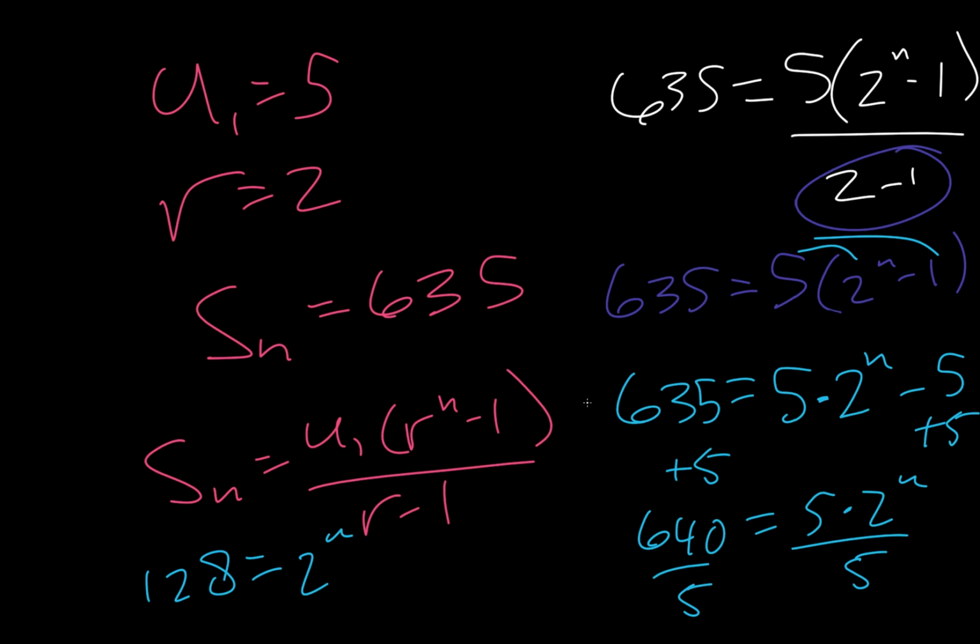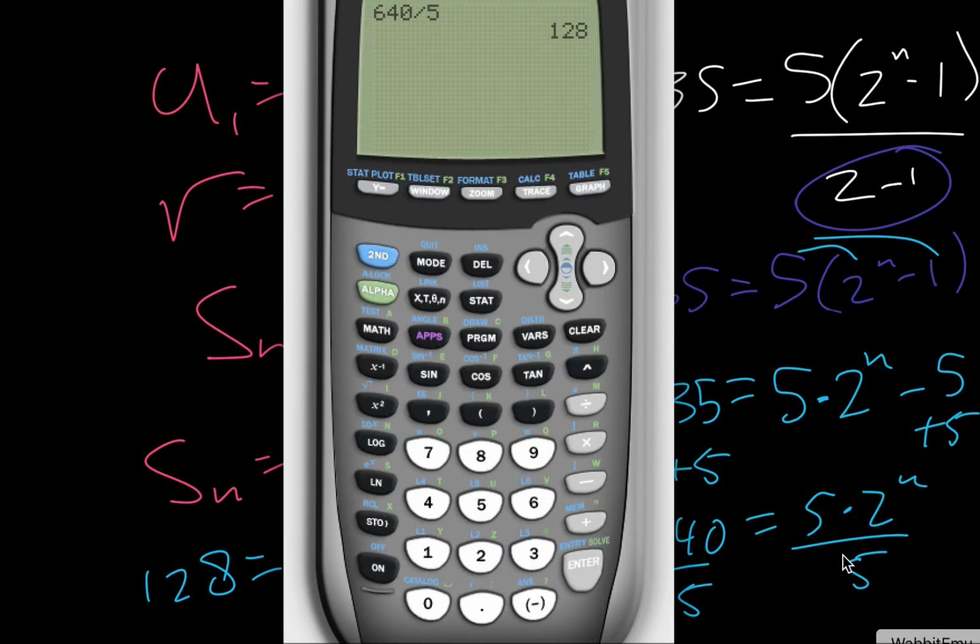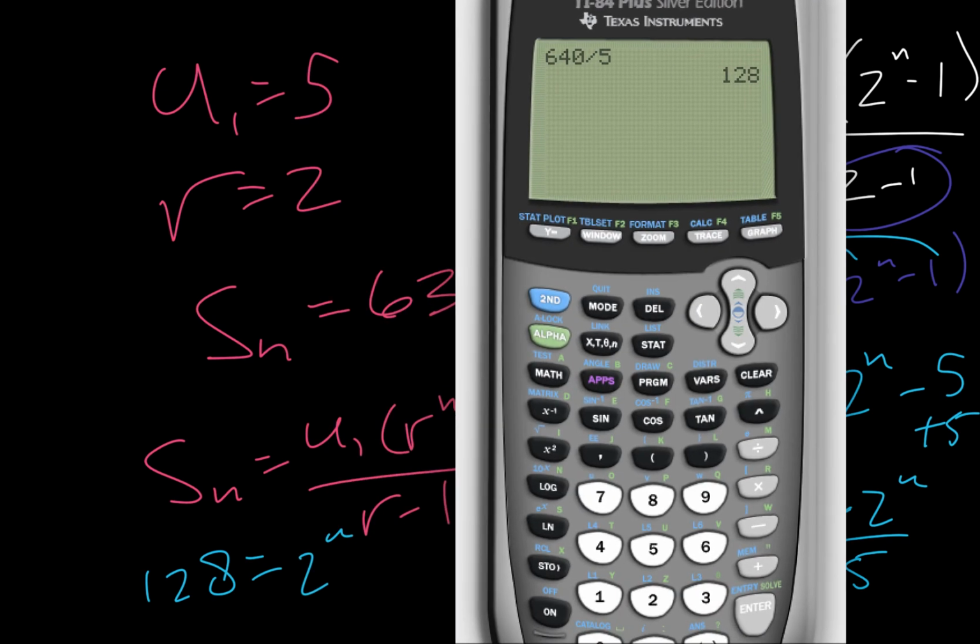And we haven't learned how to do this by hand yet. We haven't talked about logarithms. So I'm going to do it with this calculator. I'm going to graph both sides, 128, as well as 2 to the n, or 2 to the x in this case, same thing. Graph it. I need to change my window.